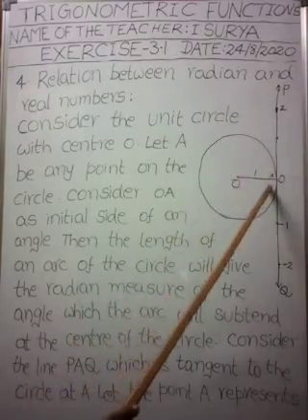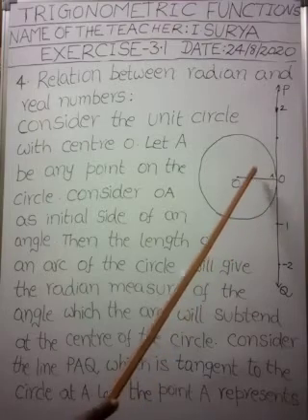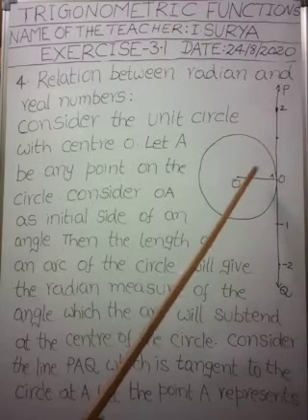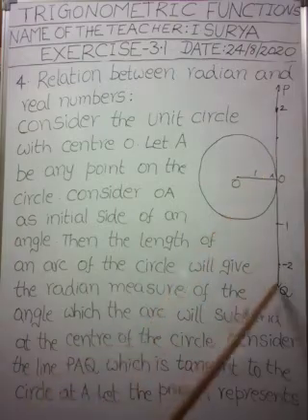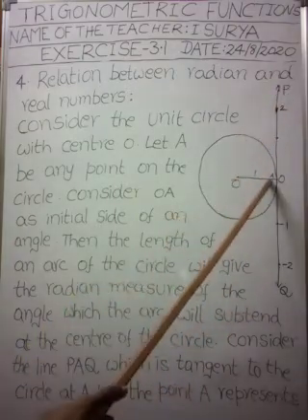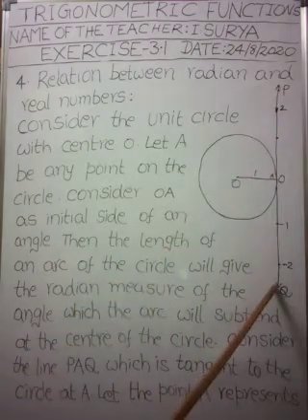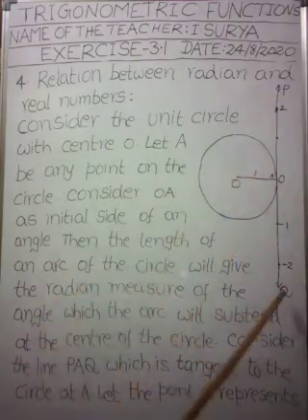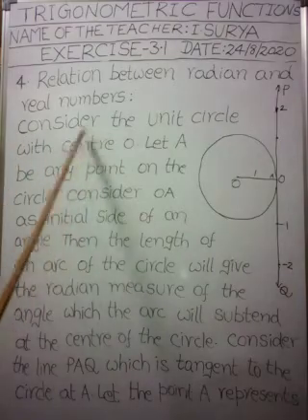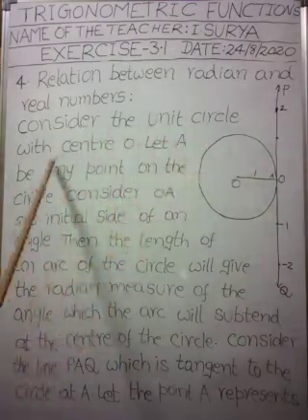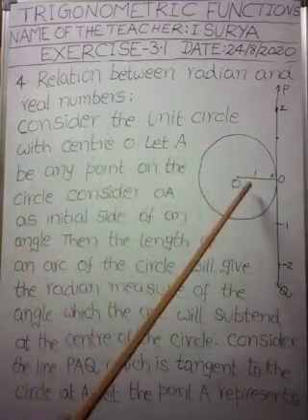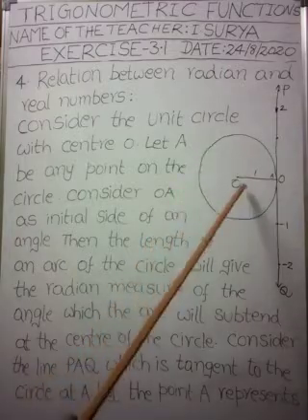Radius of this circle is 1 unit. Okay, my children. And here a tangent is drawn at the point A. OA is a radius. At this point A, we have drawn a tangent PAQ. Okay, my children. Consider the unit circle with the center O.